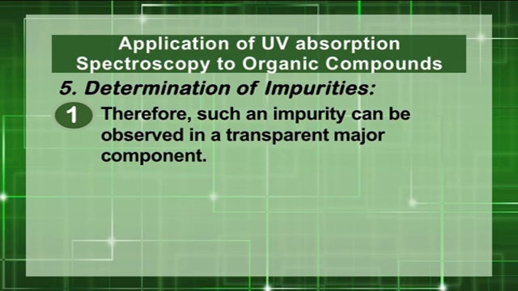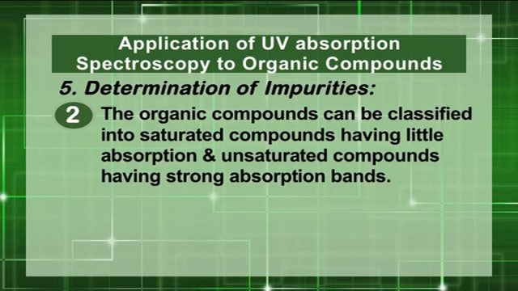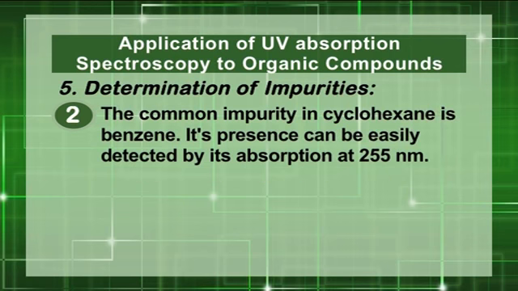Therefore, such an impurity can be observed in a transparent major component. The organic compounds can be classified into saturated compounds having little absorption and unsaturated compounds having strong absorption bands. The common impurity in cyclohexane is benzene. Its presence can be easily detected by its absorption at 255 nanometer.